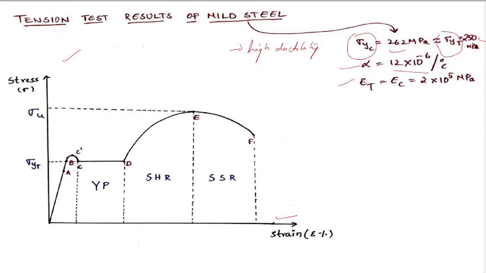The Young's modulus in tension and compression is 2 into 10 power 5 MPa. These are some values which need not be remembered, but just know that the yield stresses in compression and tension are almost equal, and the Young's modulus in tension and compression is equal, which is 2 into 10 power 5. Now, let's come to the stress strain curve. In this, these points are important.